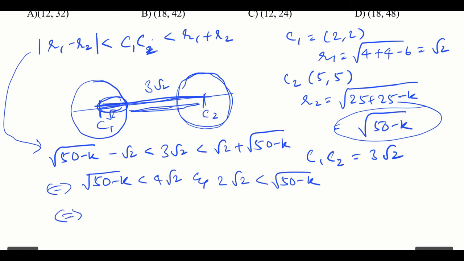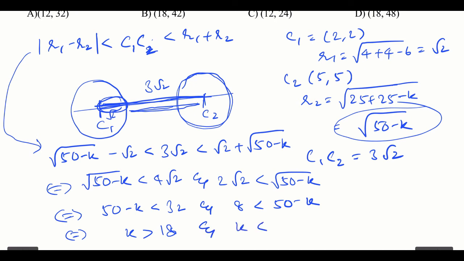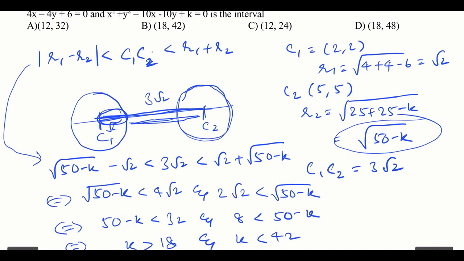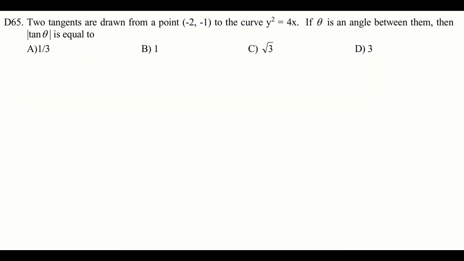So I have 50 minus k is less than 32 and 8 is less than 50 minus k. From this I get k is greater than 18 and k is less than 42. Therefore, option B is the answer.